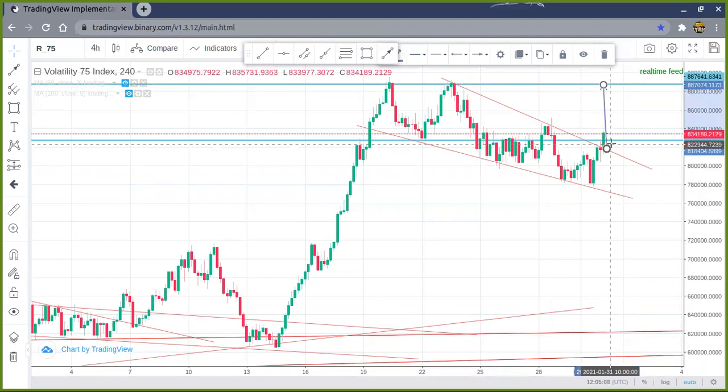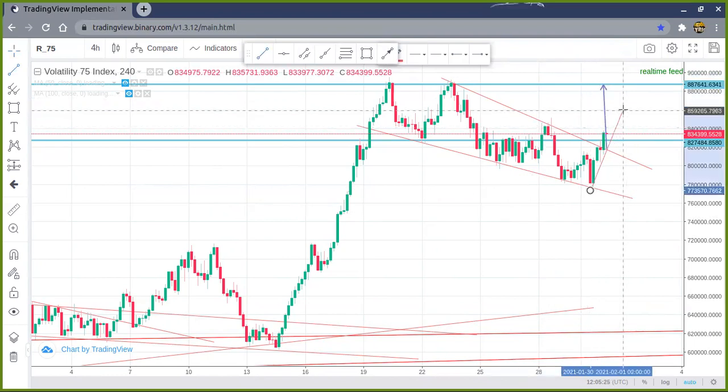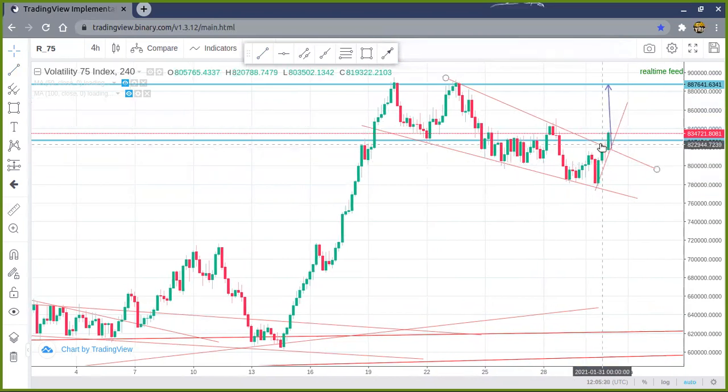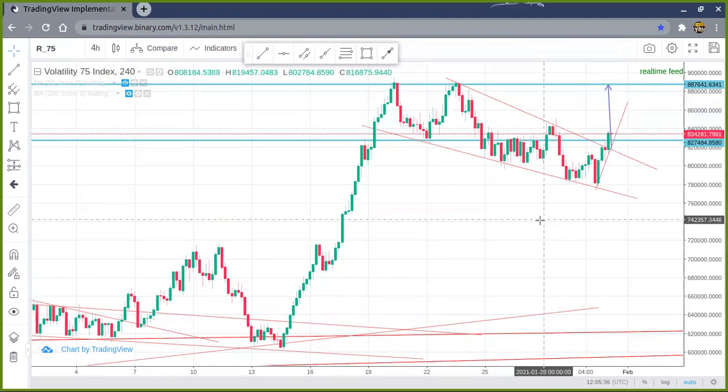So let's see, possibly a pullback to the structure, or possibly another structure that will tell us, okay, this is going to move up. So you take your trend line and see if you get some rejection on the trend line for a good risk to reward.